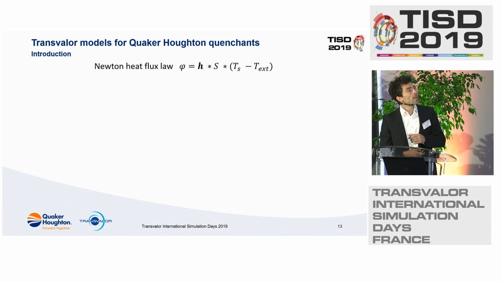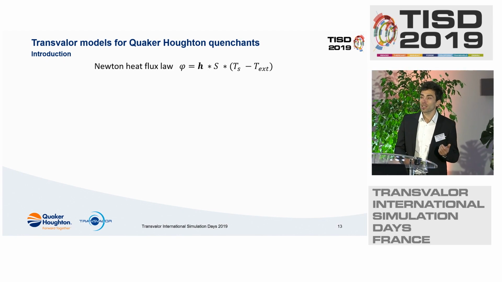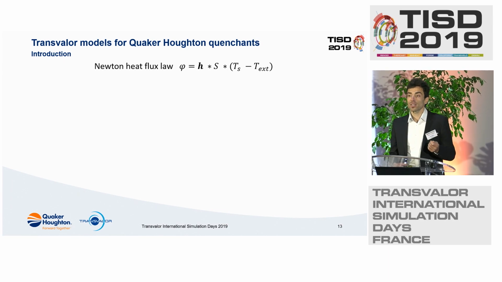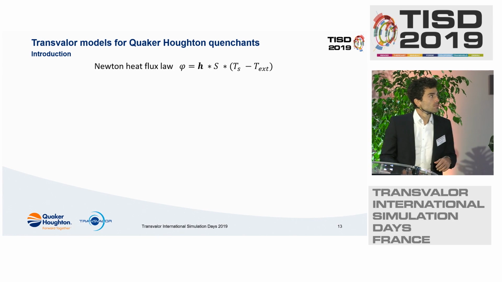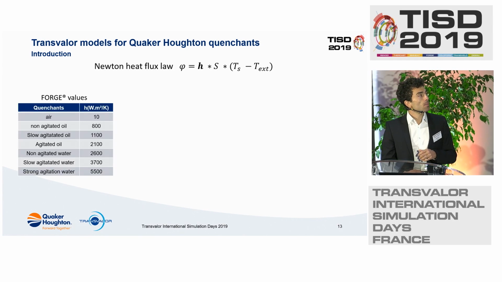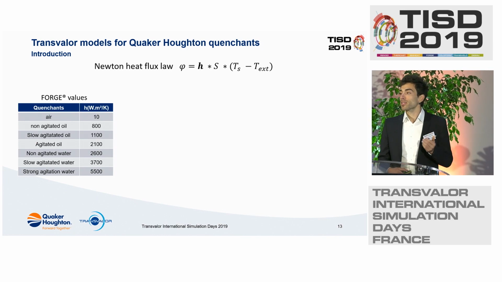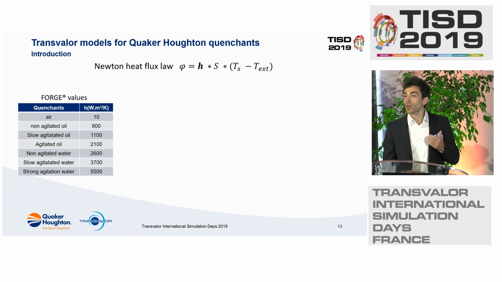And the coefficient of proportionality is the so-called heat transfer coefficient. The more accurate we are in describing this coefficient, the more accurate we are in describing our liquid. So a first step, which is really common in Forge, for example, is to have different constant values for different quenching media.